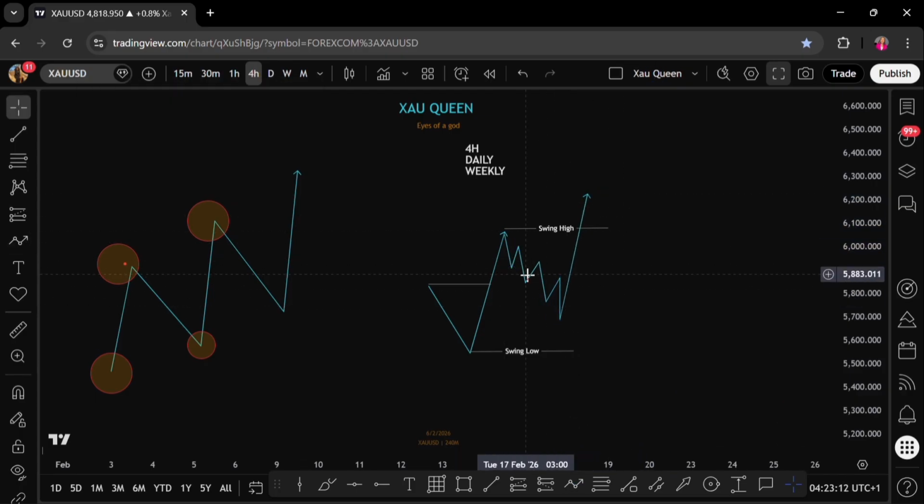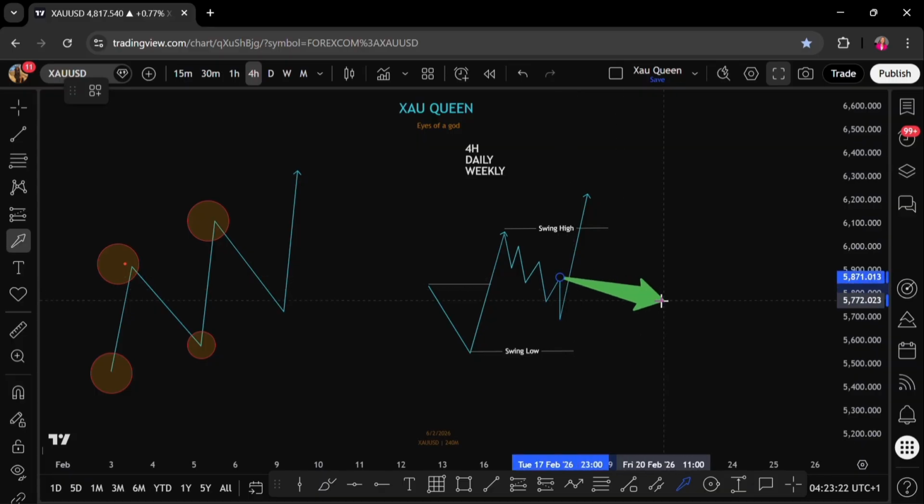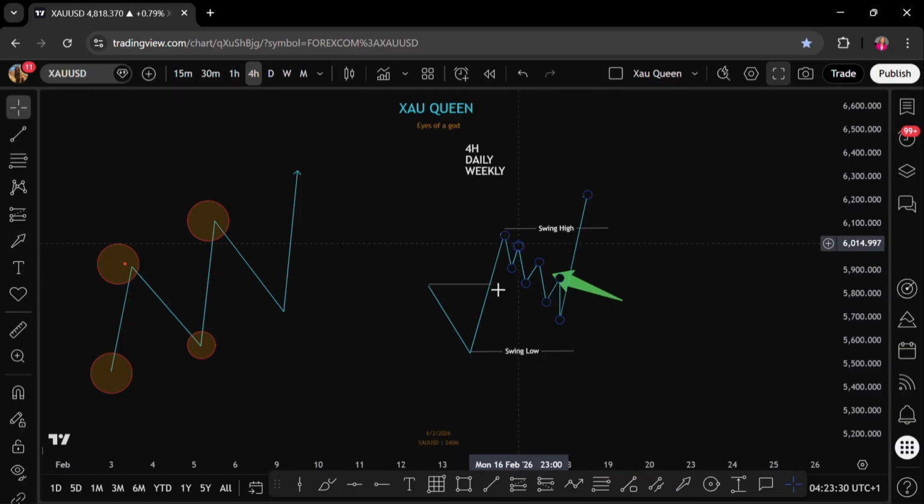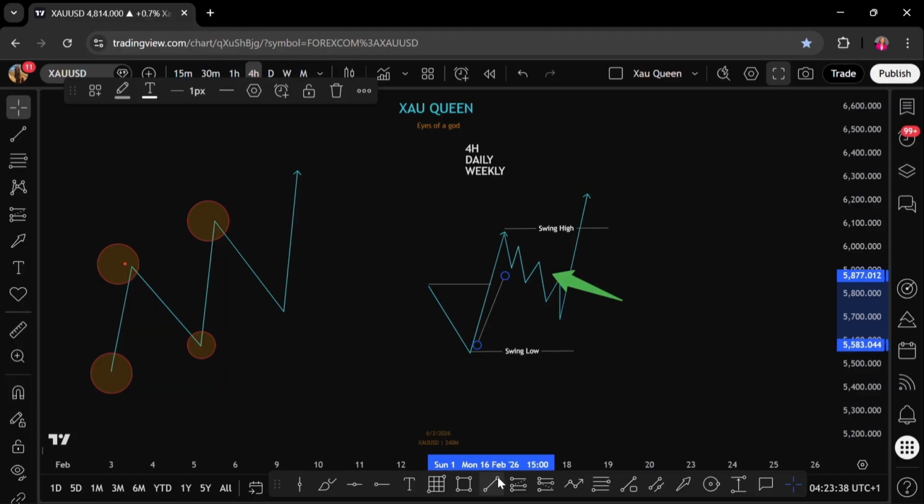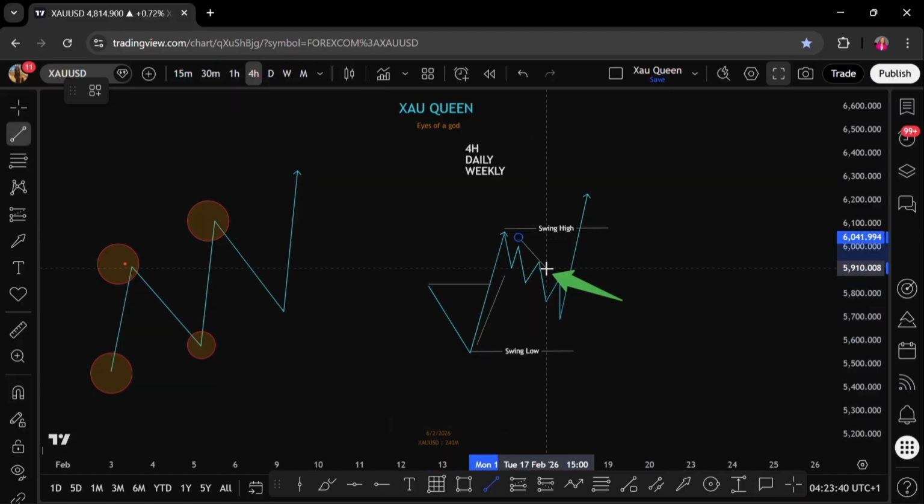Now this pullback is what we call substructures, or you can call them internal structures. This right here is our impulsive move, and this right here is our corrective move.